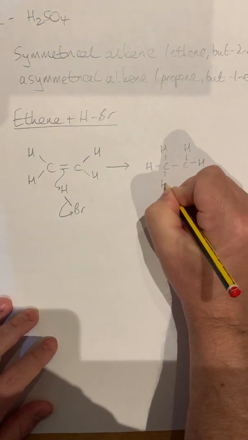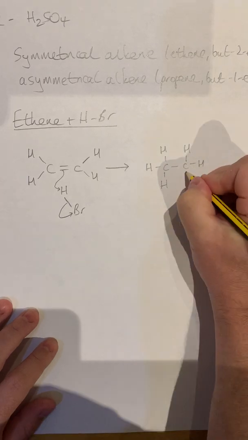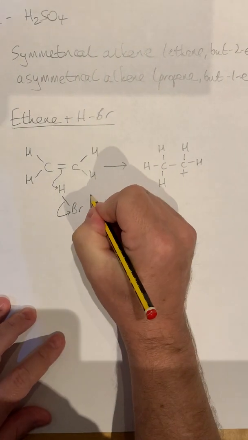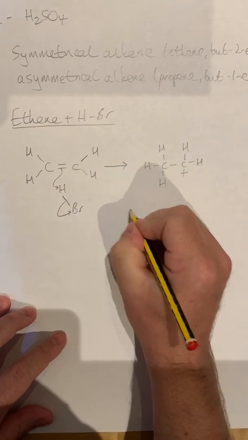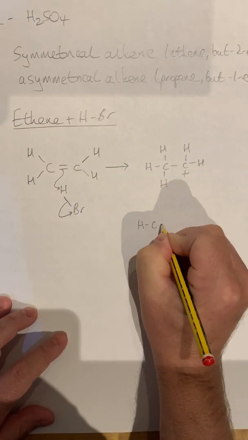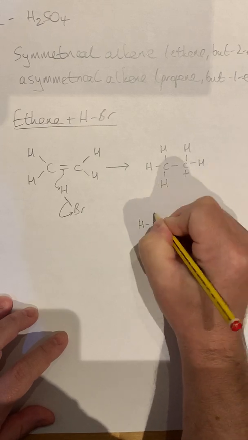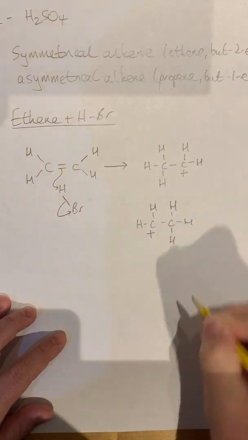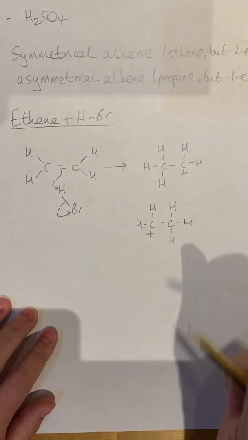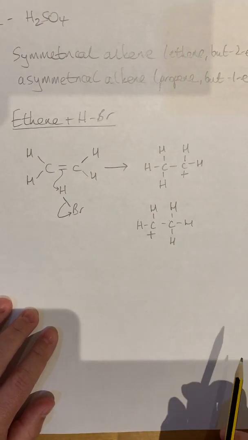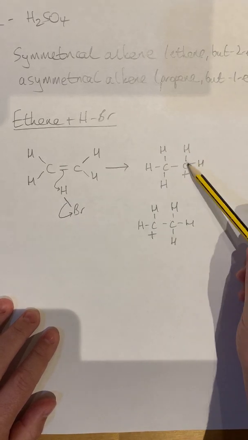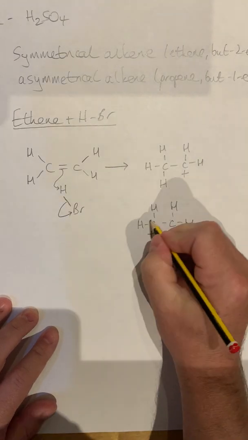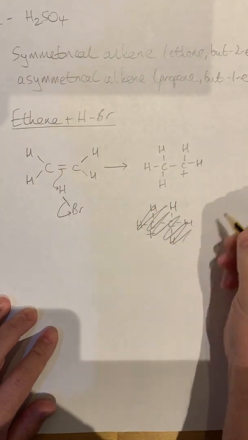If I put that H on that one and a plus on there, is that actually any different to doing it that way around? No, it's not. These two are the same carbocations. It's just that to go from this one to get to that one, you've just flipped the molecule over. So I don't need to worry about that one.